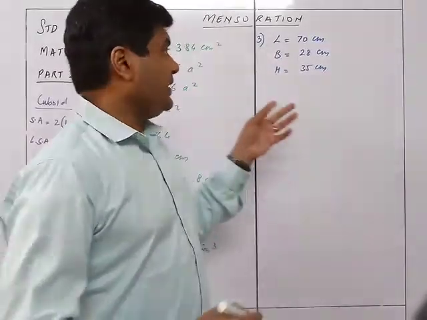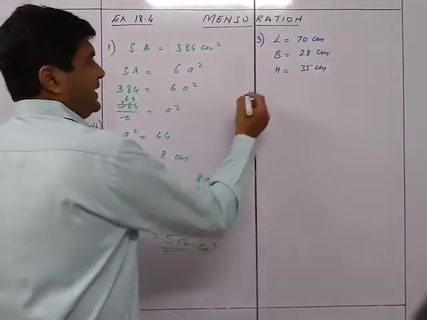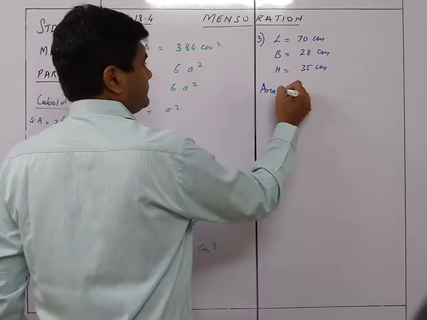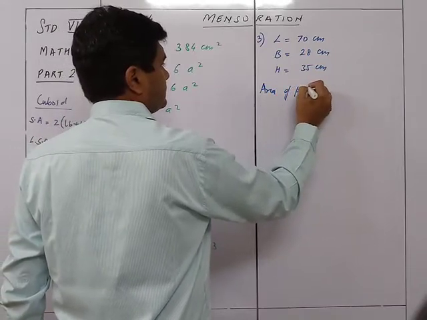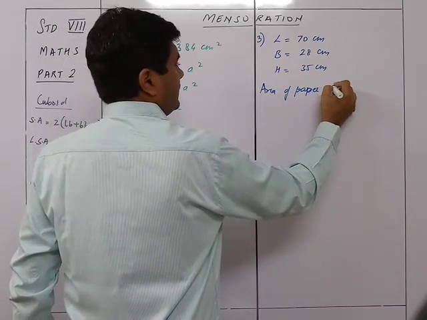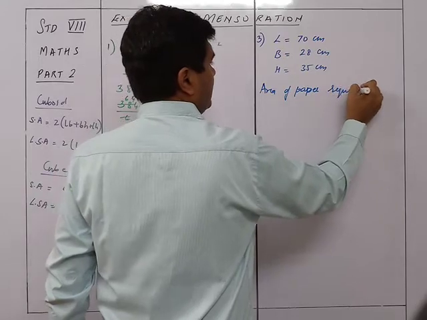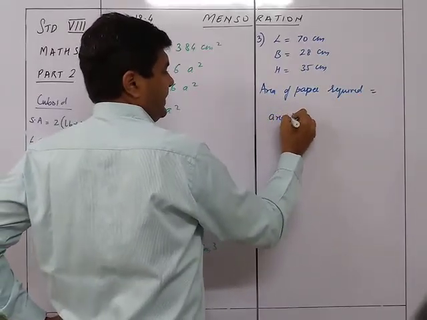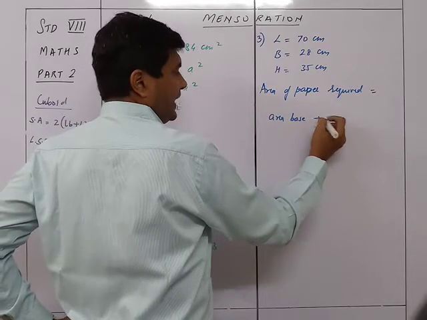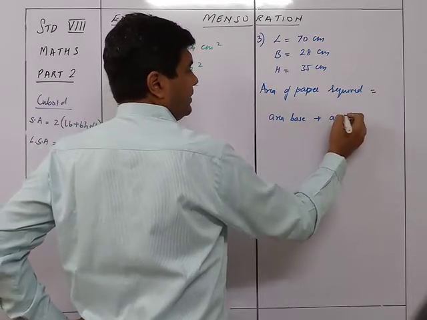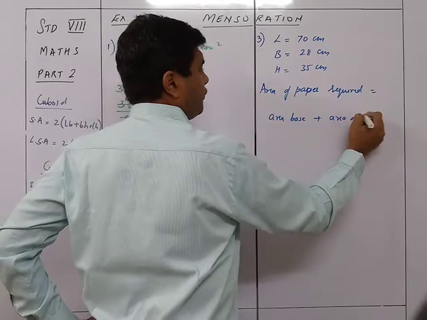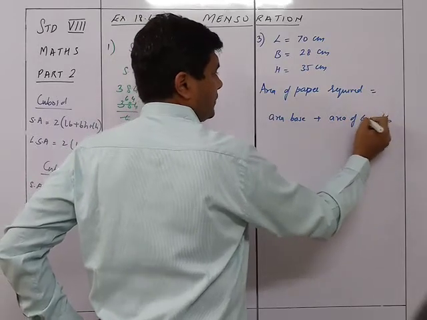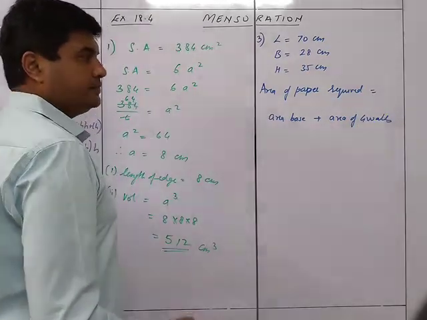So I can see over here that the area of paper required will be equal to area of base plus area of four walls, or we can say lateral surface area.